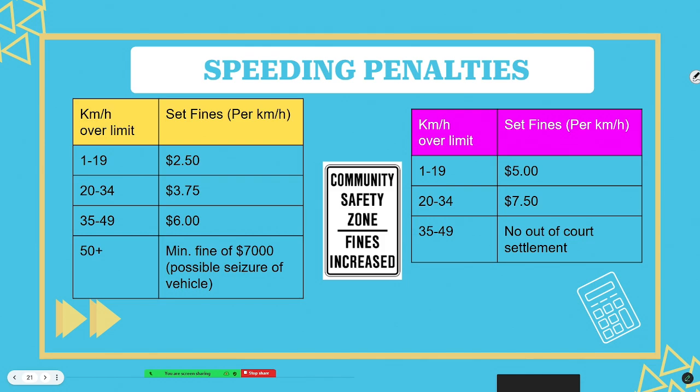Let's break down the different reasons for traffic infractions. The first is speeding penalties. If you look in your booklet, you will see how you get each demerit point.